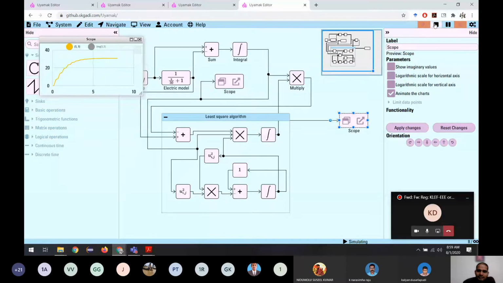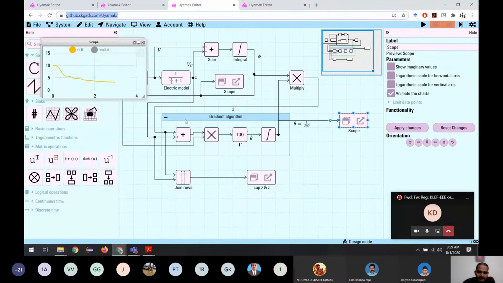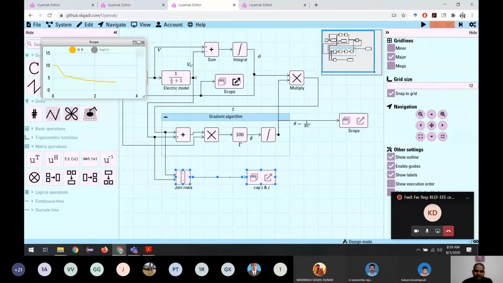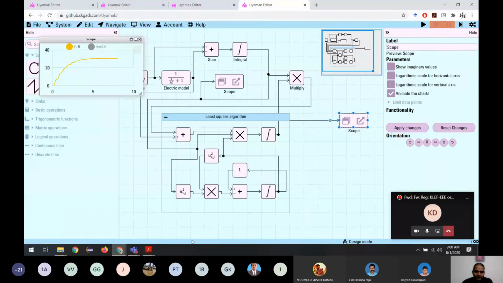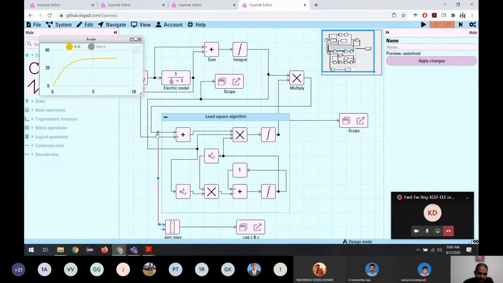Okay. And let us also plot this z cap and z and see if both are coinciding. So we can copy paste this part and let's join them.